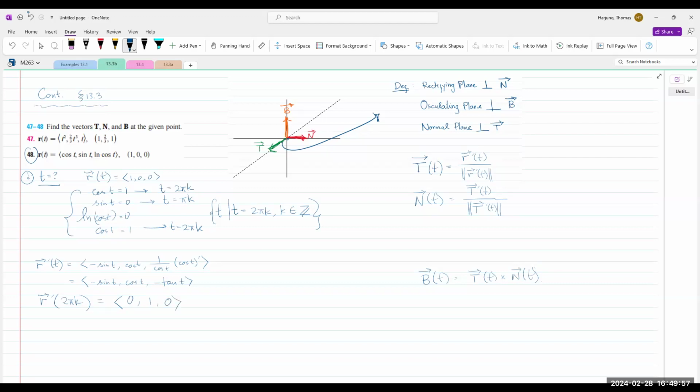The magnitude of r prime of 2 pi k is just 1. Therefore, the unit tangent vector at 2 pi k is (0, 1, 0) divided by 1, which is itself, (0, 1, 0).